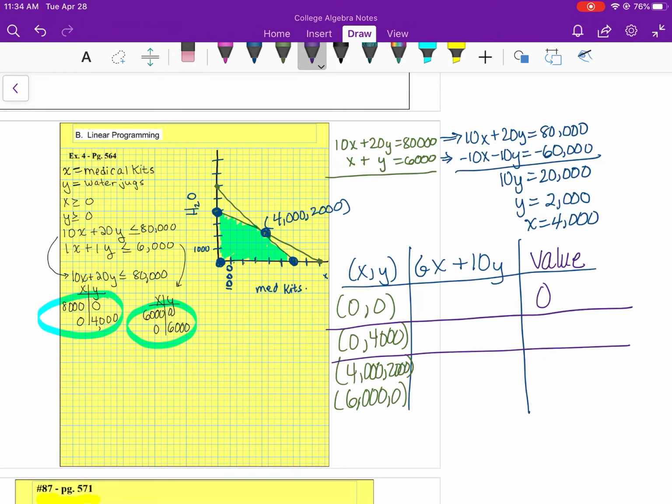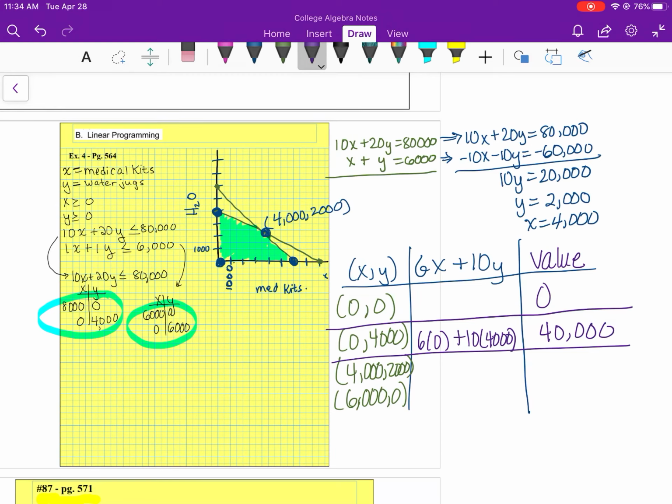If I put in 0 and 4,000, I'll end up with 6 times 0. Let me rewrite that for you. Looks like 60. And 10 times 4,000 is 40,000.